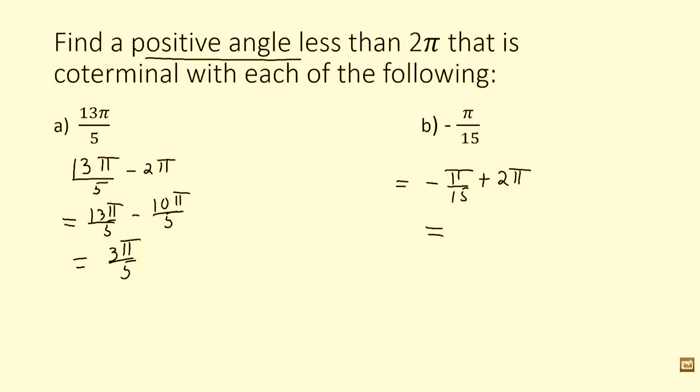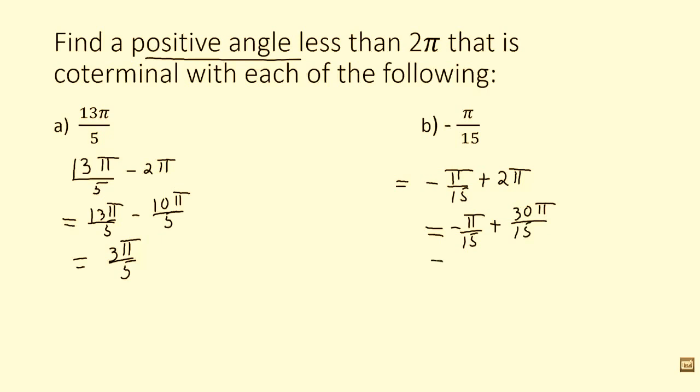So a negative pi over 15 plus 2 pi is a negative pi over 15, and 2 pi is equivalent to 30 pi over 15. 15 into 30 is 2, so we get 2 pi.